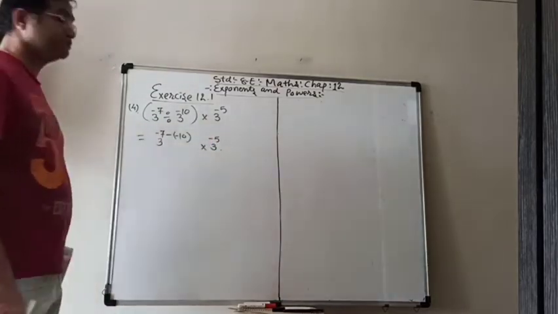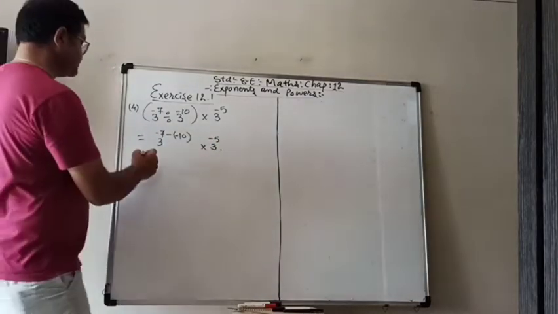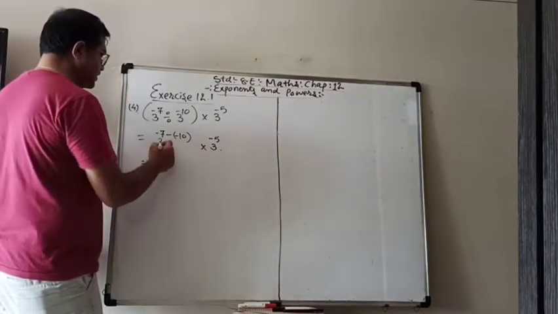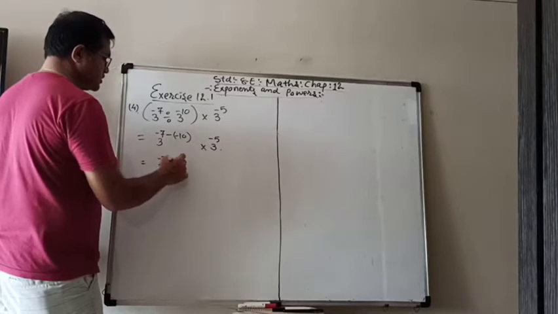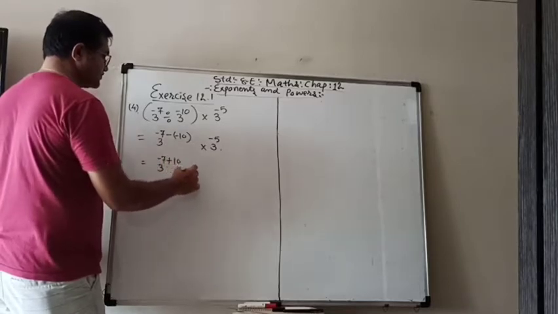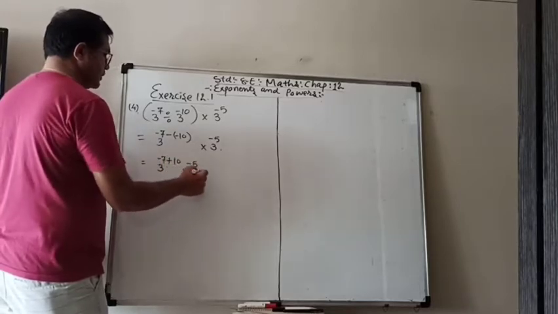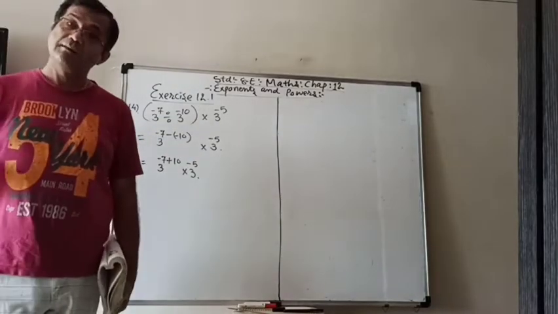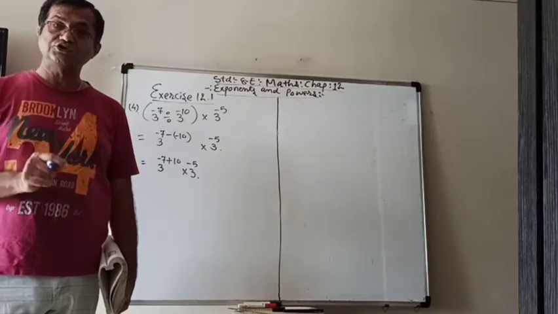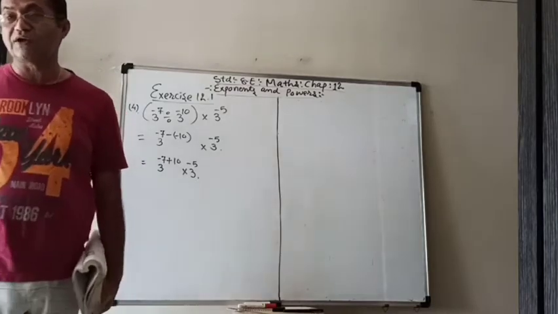Leave it like that. Then 3 raised to minus 7 minus minus will become plus. So you get 3 raised to minus 7 plus 10 into 3 raised to minus 5.